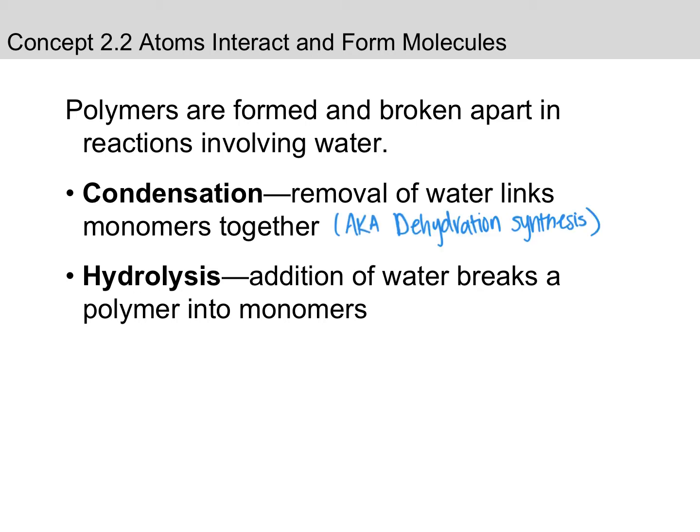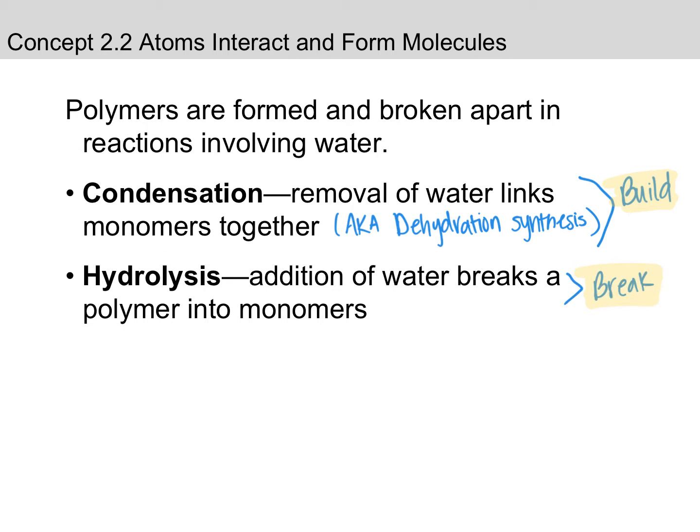Hydrolysis is the addition of water, and this process is going to break the polymers into monomers. So these two are the opposite of each other. Your condensation or dehydration synthesis is going to build polymers, whereas your hydrolysis is going to break polymers.